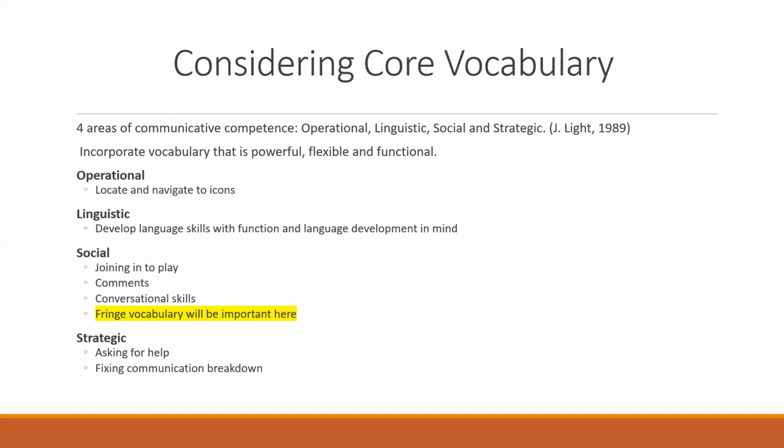Now with social, we want to think of our users joining into play and commenting and conversational skills. I highlighted here, this is where fringe vocabulary will be important. And then strategic, asking for help. So fixing communication breakdowns, what vocabulary do we need there?